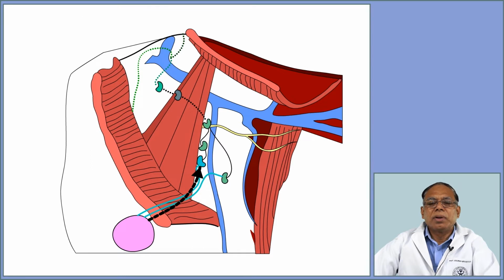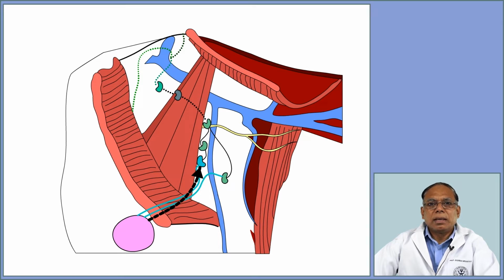And it has been found that about 90% of these nodes are located between the pectoral muscles and a vein which is a tributary of the axillary vein. This vein is called the lateral thoracic vein. So 90% of those nodes are located in this area between the lateral thoracic vein and the lateral margin of the pectoral muscles.